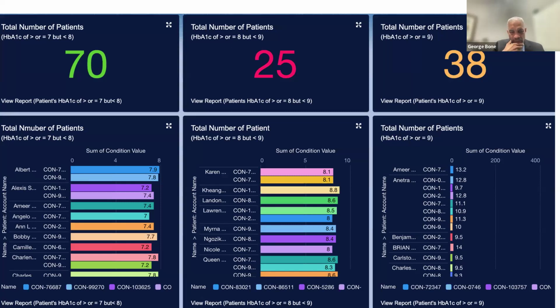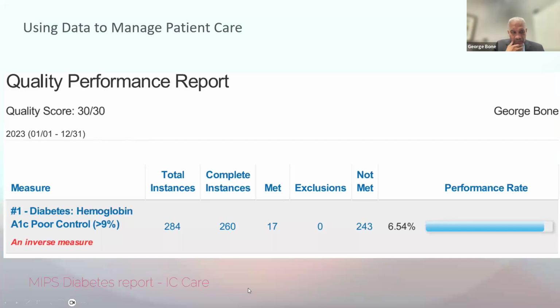When we go to the next slide. When we go to the MIPS reporting, they only have a population of 284 patients with diabetes, and their definition of control is greater than 9, and we are at 6.54% uncontrolled.